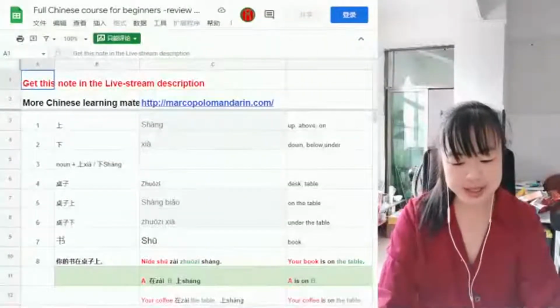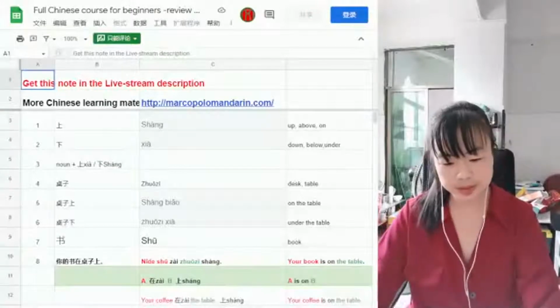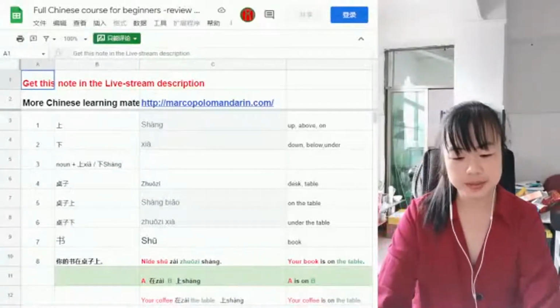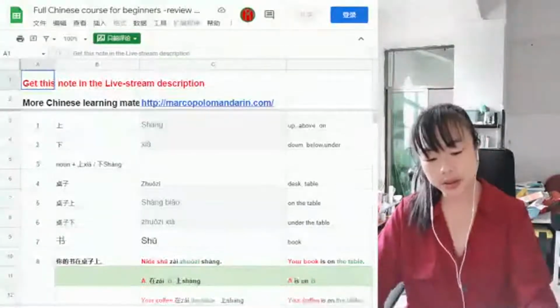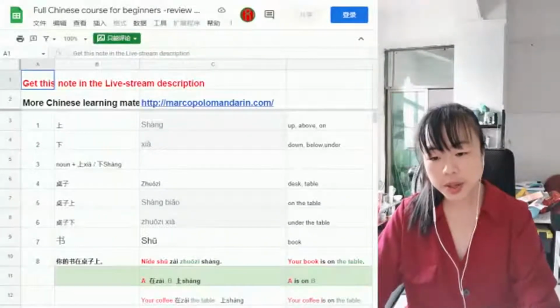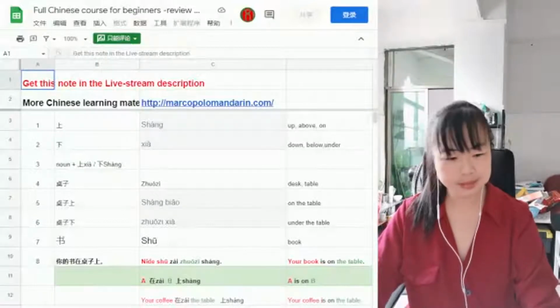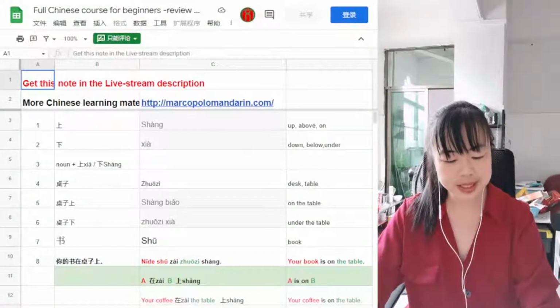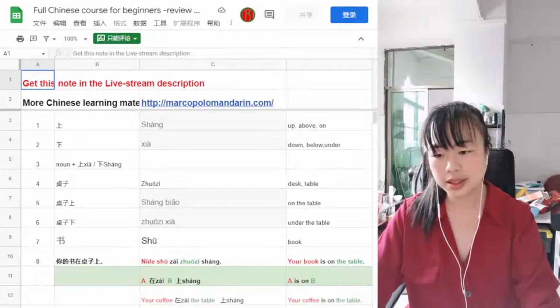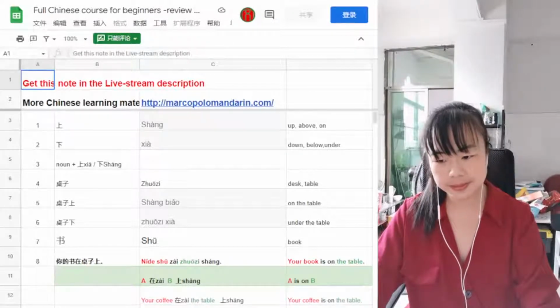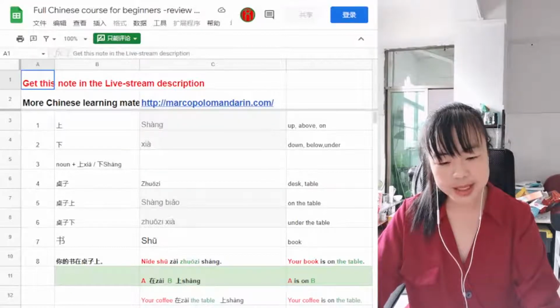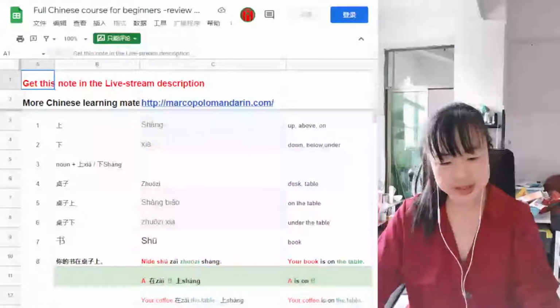The 的 is optional. 饭店的里边. It's also in the restaurant. So you either say 饭店里 or 饭店的里边. Okay, so both are correct.